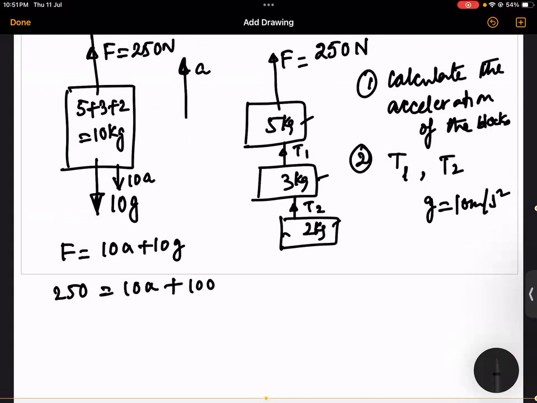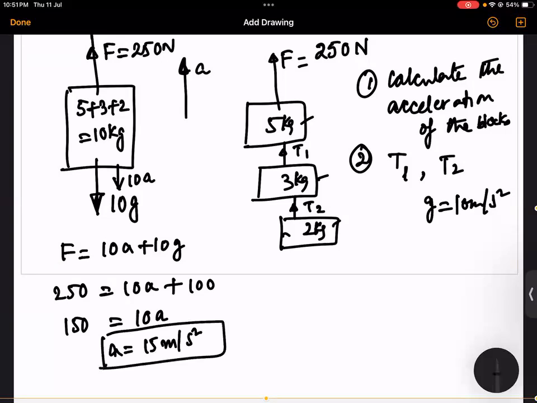Am I clear? So therefore 250 minus 100, that is equal to 150. That is equal to 10A. Therefore A will be equal to 15 meter per second square. So this is the acceleration of the system. Am I clear to everybody?